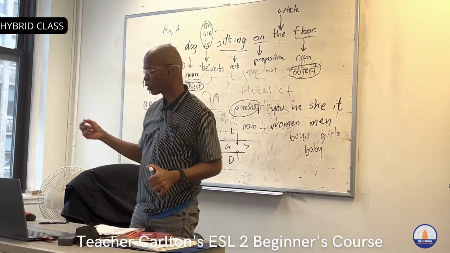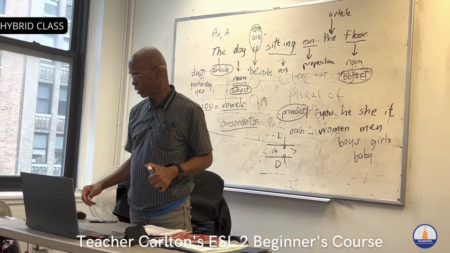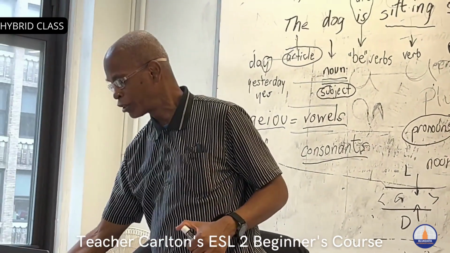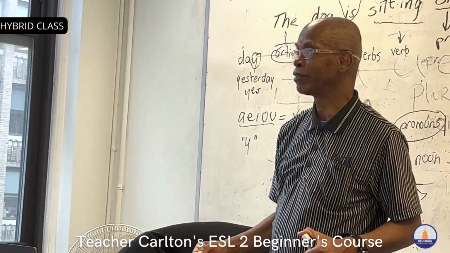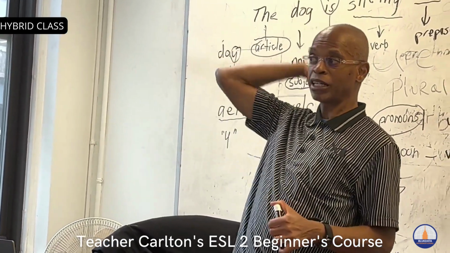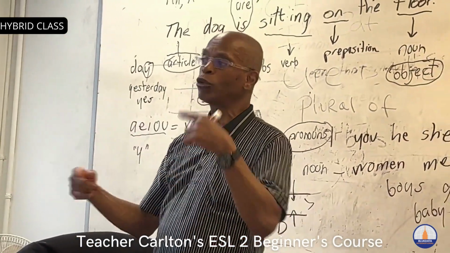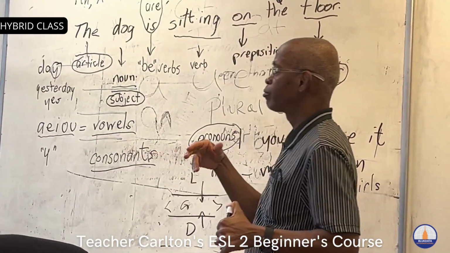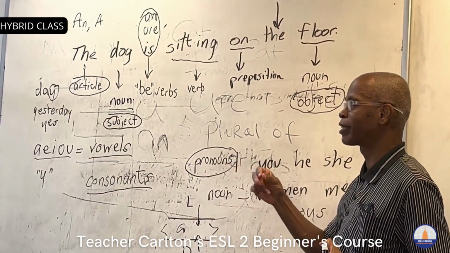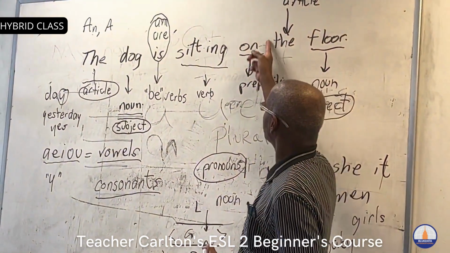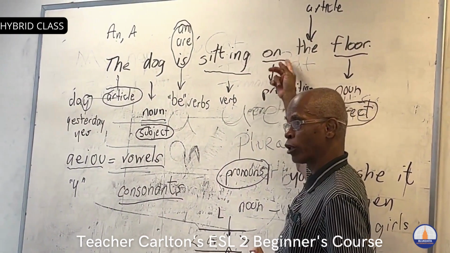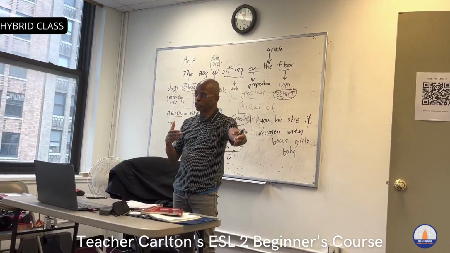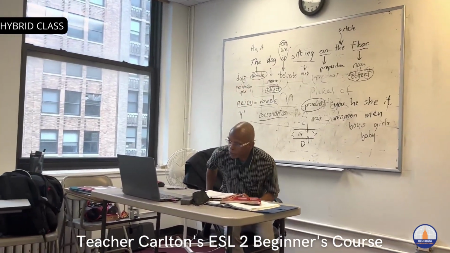The easy ones are the ones that you can see, like above, below, on top, on, underneath, in front of, behind, on the side. Those are the easy ones that you can see and feel. But the others, you do not necessarily see, like on or in, but they describe things that connect one subject to another.